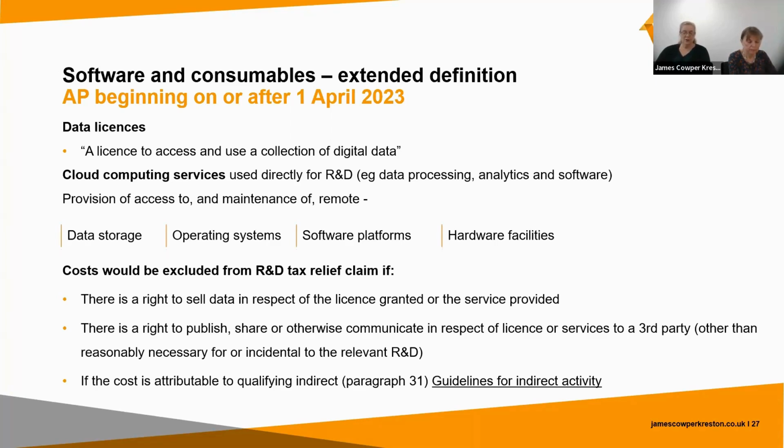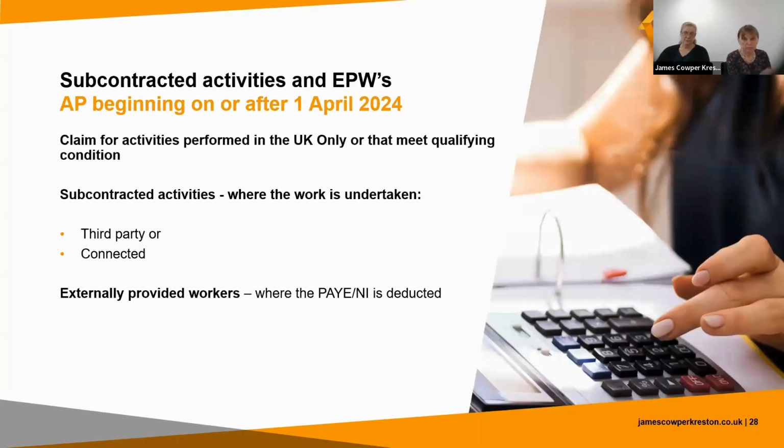As you can see, we've got data licenses there and cloud computing services, and there's some detail of what that covers. There are exclusions from that, though, where broadly there is ability to exploit the data licenses, as you can see from the list at the bottom, but generally a welcome change to be aware of. Next slide, please.